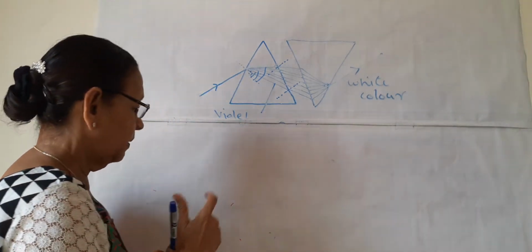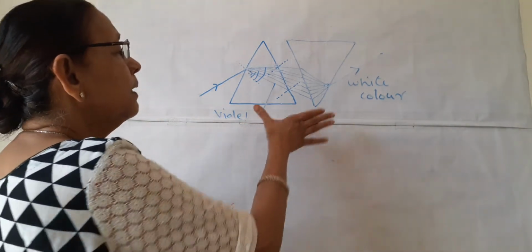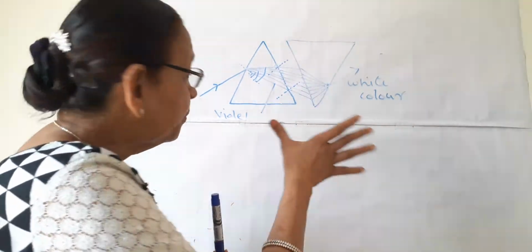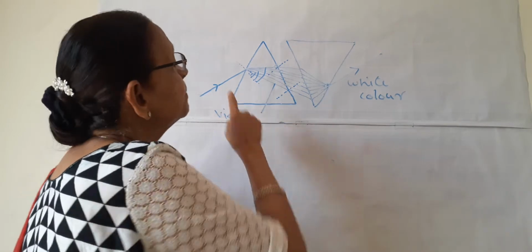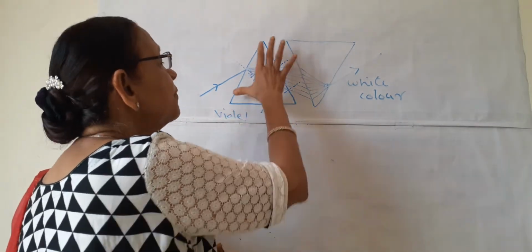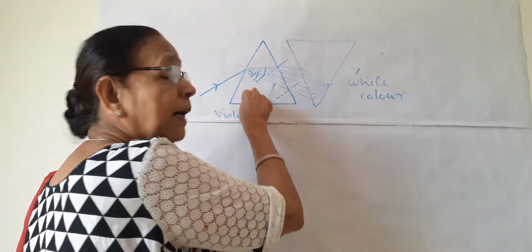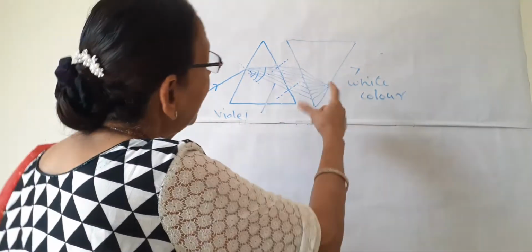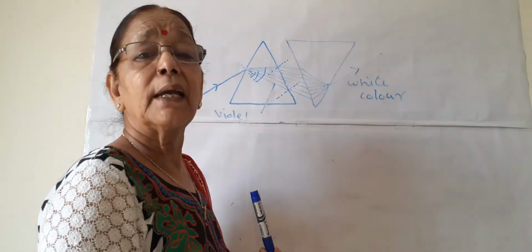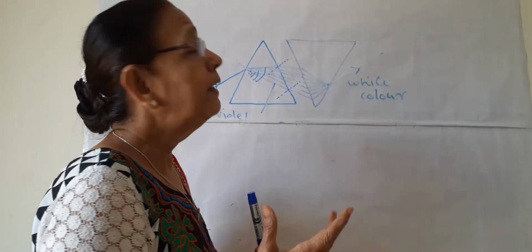So this is Newton's two prism experiment to prove that white light is made up of 7 colors. These 7 colors are first dispersed by this prism, and then they again form a single white colored ray.